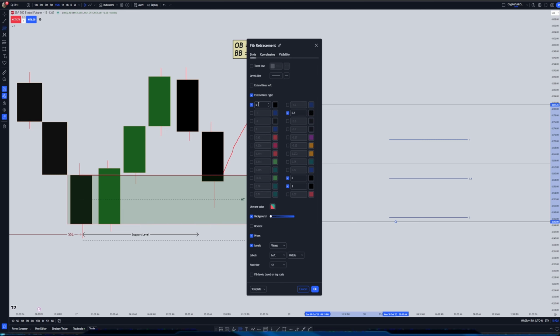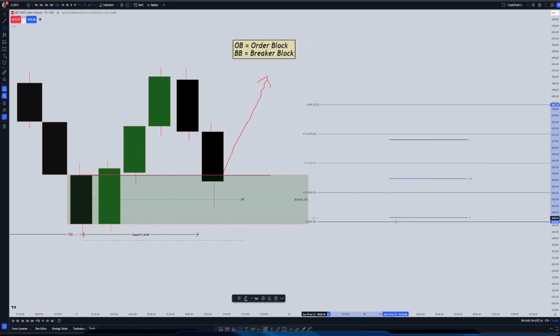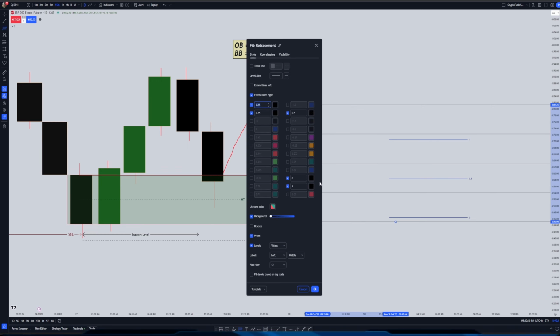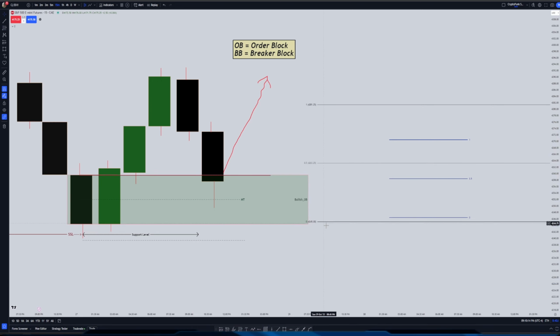You can just select a box, you can write 0.25, and you can select another one, you can write 0.75. So this is going to give you the 25 and 75 levels. You can see that's 0.25, 0.5, 0.75, 1. So from 0 to 1 you can divide it like this. Now if you don't need this, you can just tick it off and then click OK, and you will get this.